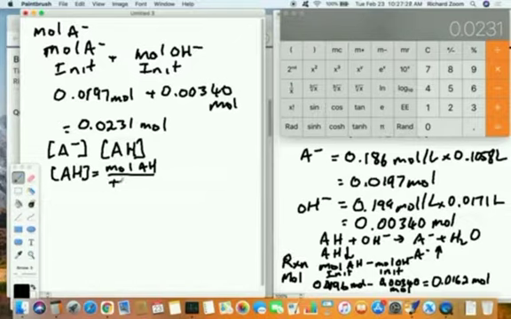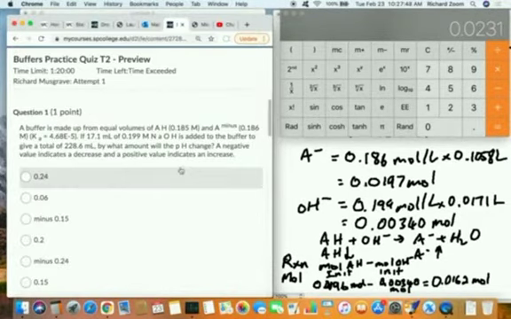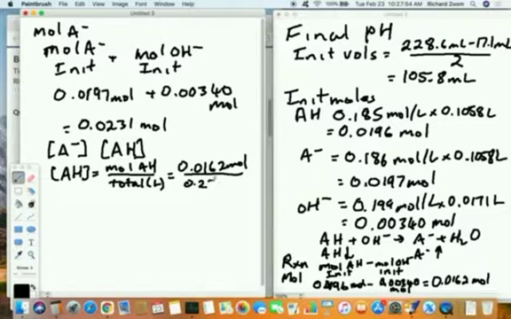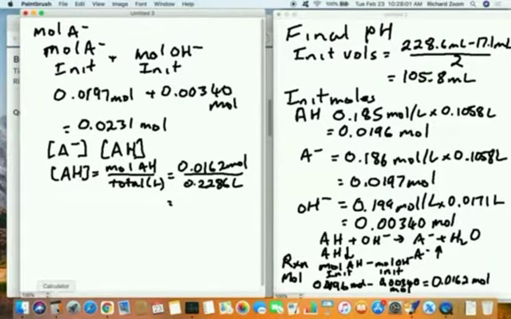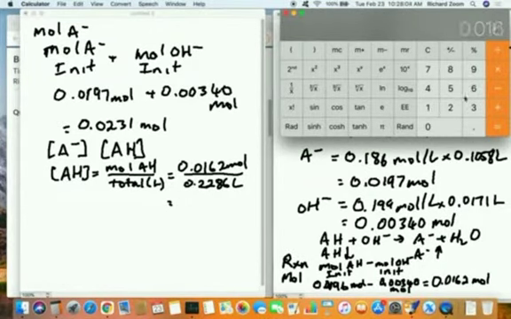We have the AH here, it's 0.0162, and that's over the total, which is 228.6, but in litres, 0.2286 litres. So that'd be 0.0709.